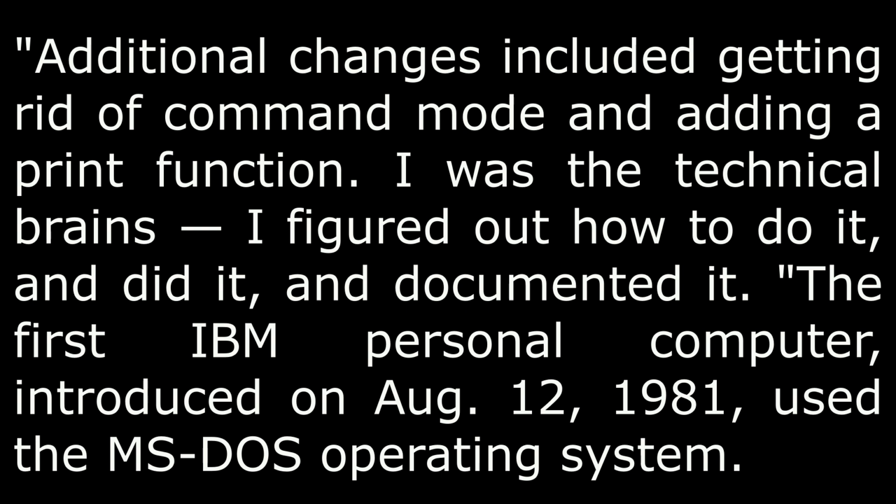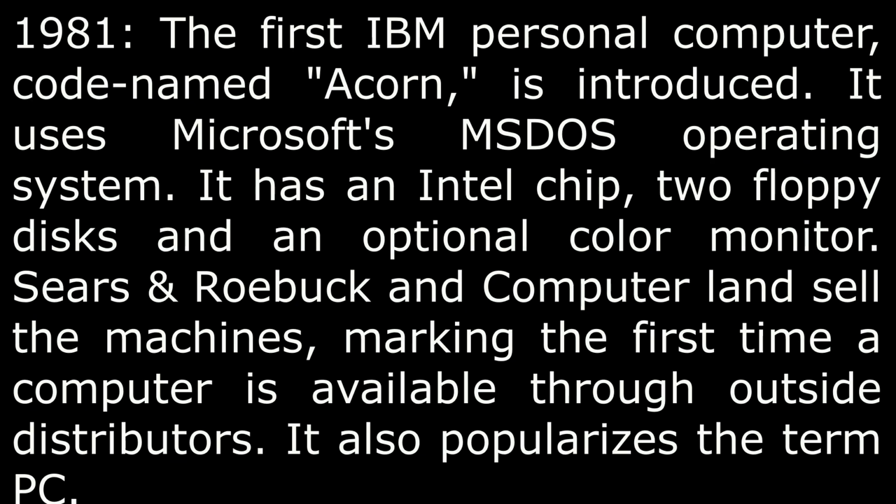The first IBM personal computer, introduced on August 12, 1981, used the MS-DOS operating system. 1981, the first IBM personal computer, codenamed Acorn, is introduced. It uses Microsoft's MS-DOS operating system.